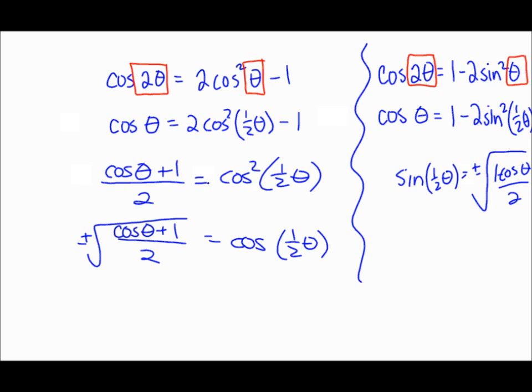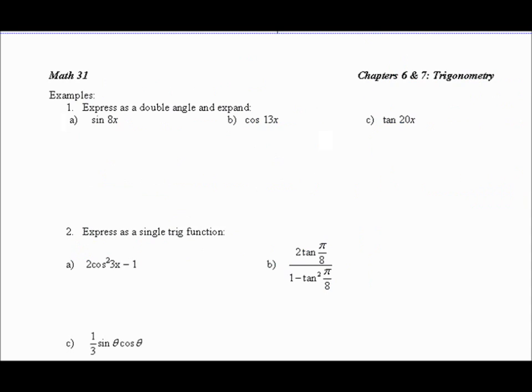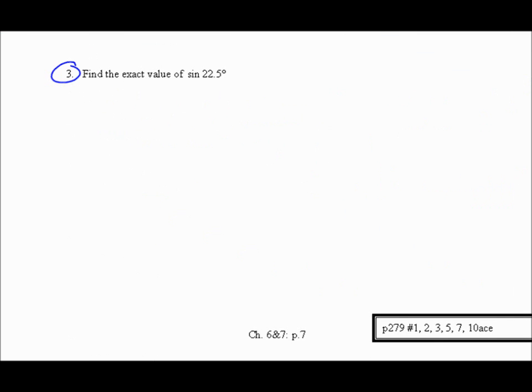So let's look at an example. We left off at this one: find the exact value of sine 22.5. If we want sine 22.5, that's 1/2 of what angle? 45.